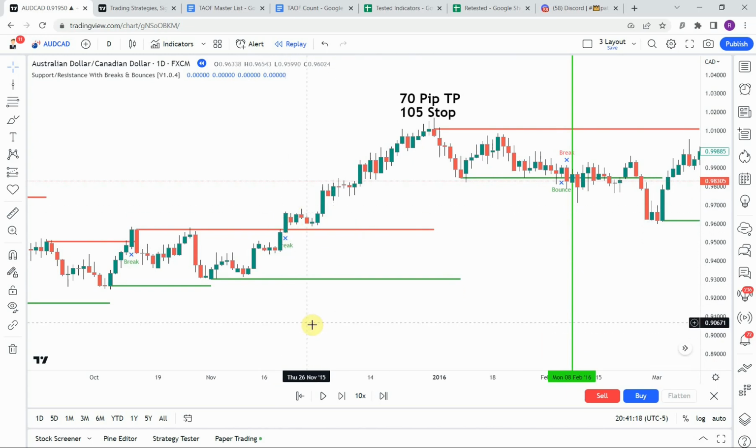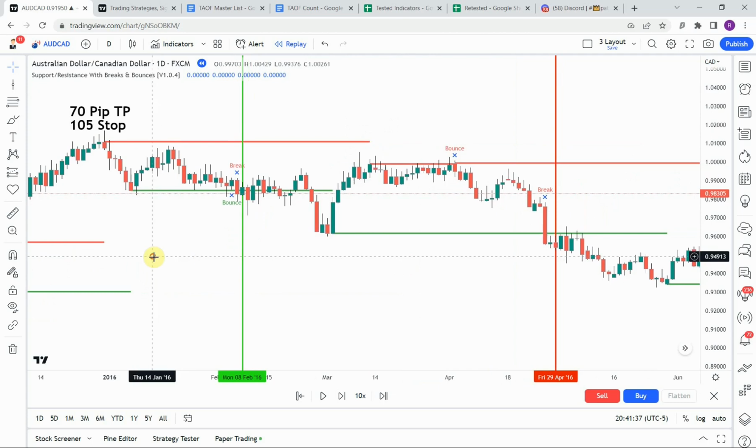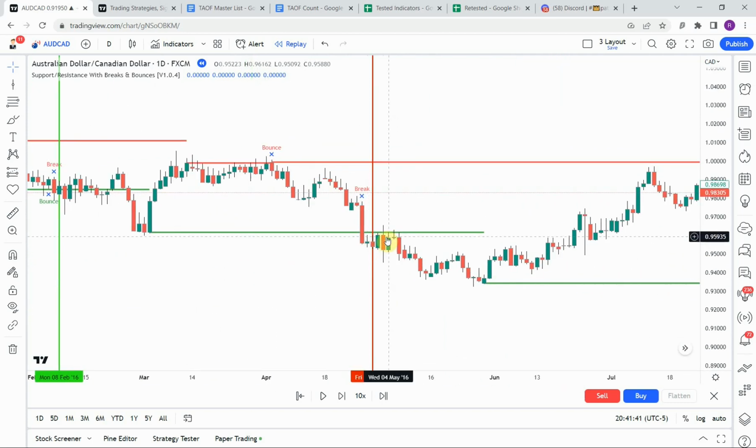People who got in way down here on the bounce of this level rode it up, and as soon as it makes this break, they all start taking profits, which stalls out price action, and price will often retrace back into this area and bounce around a little bit before it finally takes off in a direction. Very similar to right here, and right here. You see how you get a whole lot of indecision when these areas are broken.